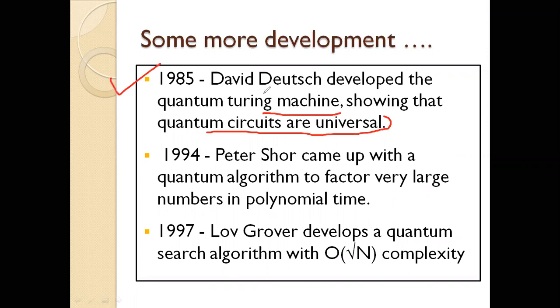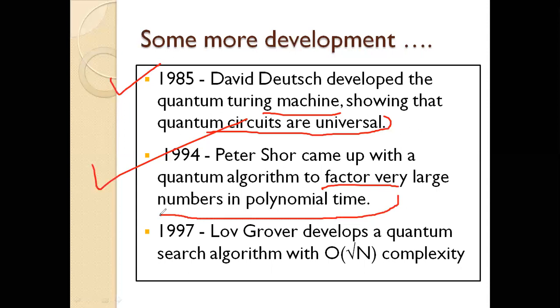And about this Turing machine, we'll discuss this in our next lecture. In 1994, Peter Shor came up with a quantum algorithm to factor very large numbers in polynomial time. And this algorithm, today we are using in the area of quantum cryptography, famously known as Shor's algorithm.